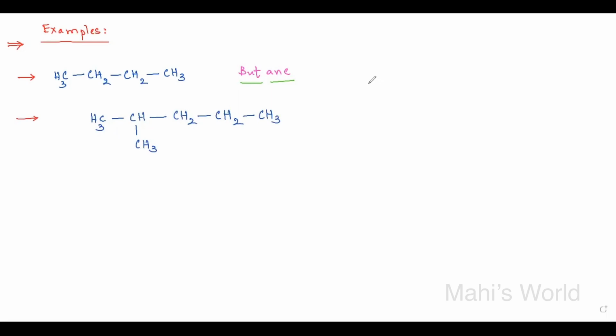Now look at this. See, I can go this way, right? I'll get 5 carbon atoms. Even I can go this way also, right?